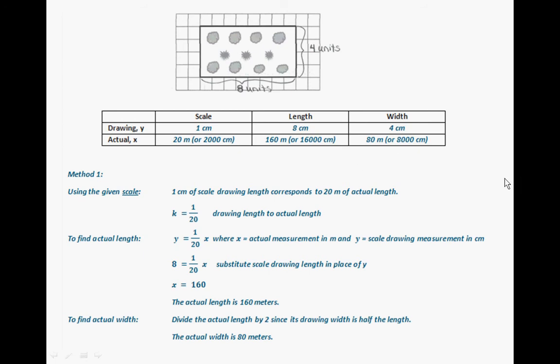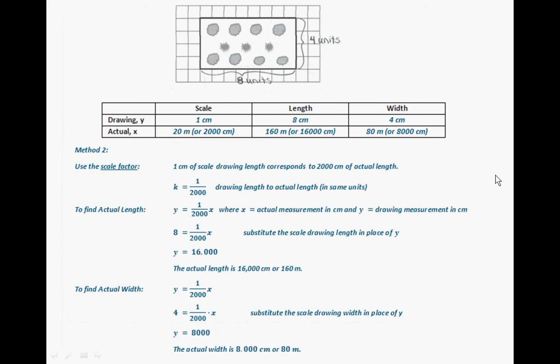Now here's another way we can do this. This is method 2. Let's say that if we use a scale factor, we use 1 centimeter is to 20 meters or 2,000 centimeters. So notice what happens with our ratio. It's 1 to 2,000.